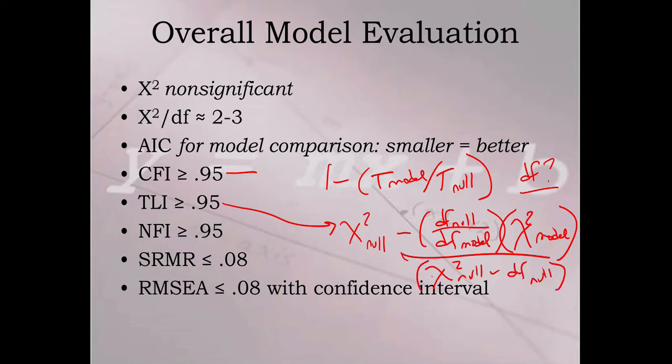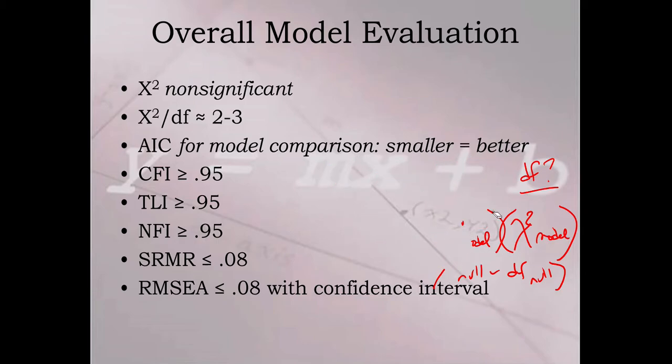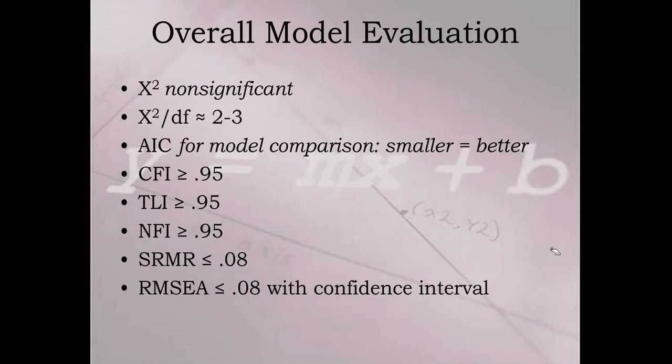You don't really need to know all these calculations, but you can see from comparing these two equations that Tucker-Lewis includes how parsimonious your model is. It's recognizing that models with a high number of degrees of freedom, meaning there's more ways the model could not fit, are basically riskier models. And therefore you shouldn't be punished by having a model where you have much more opportunity for the model to say, I don't fit well.